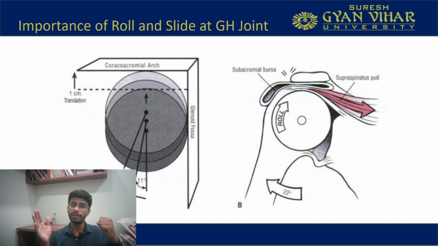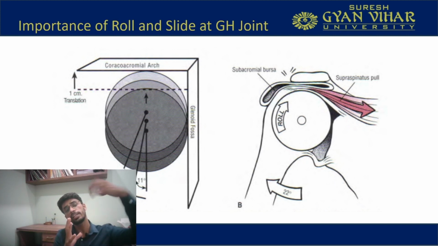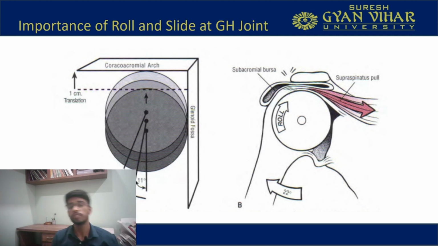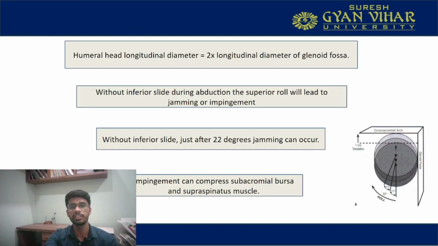All the tissues between them will get compressed and damaged. So sliding is important to prevent the superior translation of the head of humerus, so that it does not go and attach to the acromion process or the coracoacromial ligament. This is all written in this slide.